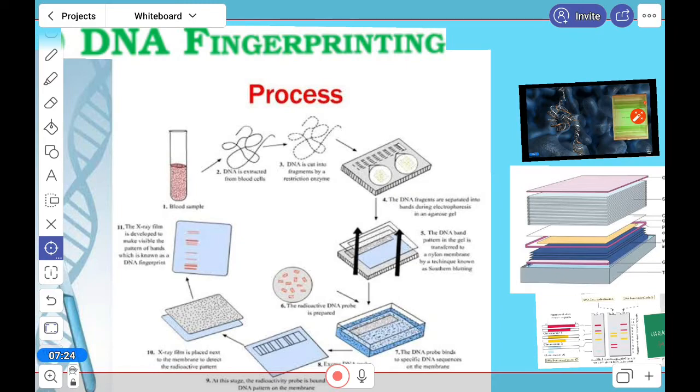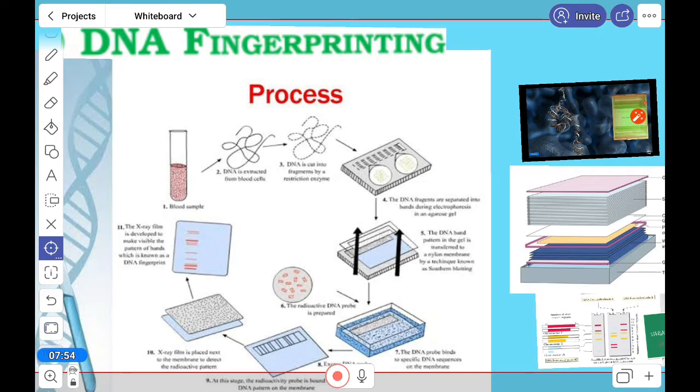Then we will use gel electrophoresis. I'll show you the detail of how gel electrophoresis works, and we'll get this type of band-like structure. We will make it permanent with the help of the Southern blotting system, and after that this can be detected by autoradiography and some other means. Nowadays it is there.